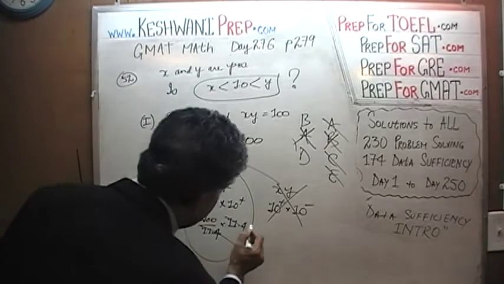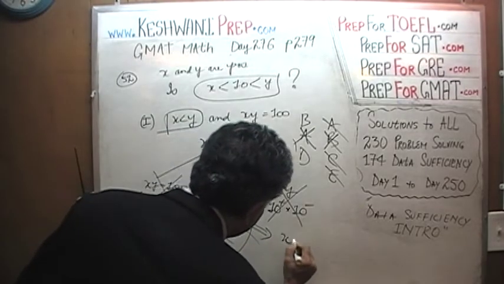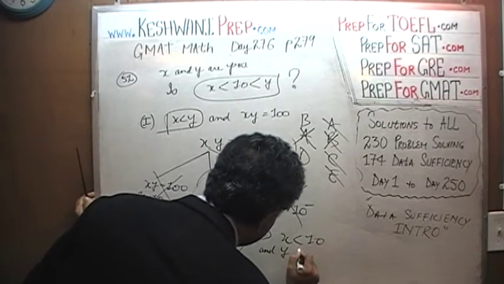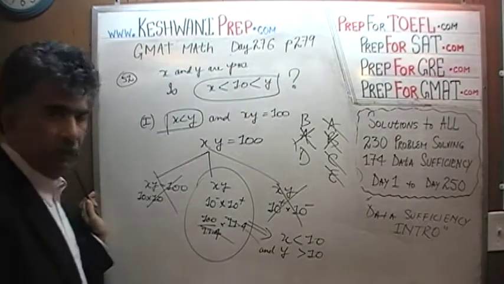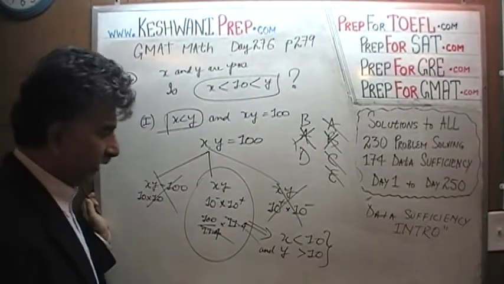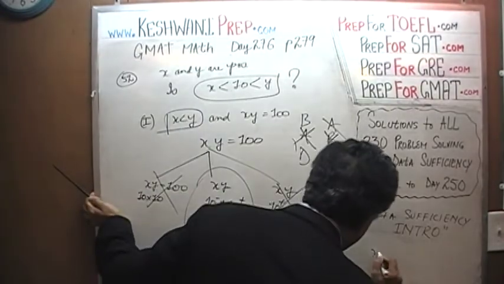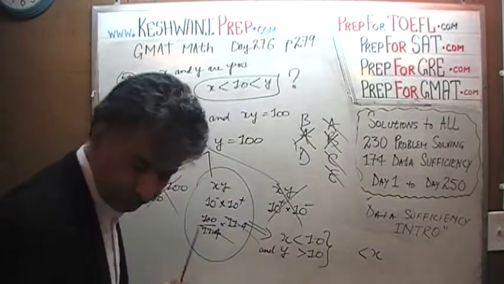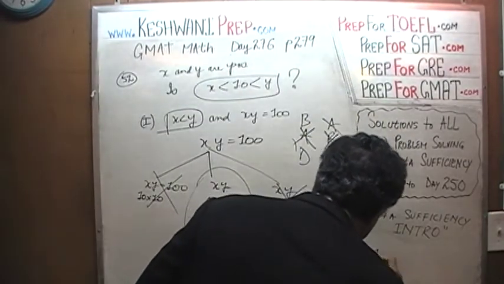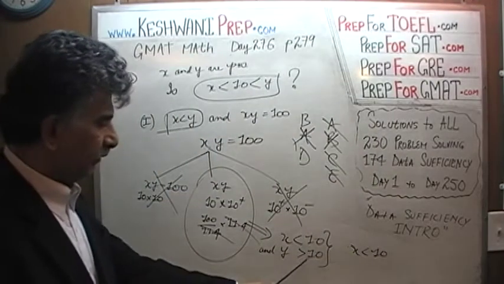Let's put that down here. So this implies that x would have to be something less than 10 and y would have to be something more than 10. How do we put them together? If you put them together, what it translates into is this. X is something less than 10, and y is something more than 10.